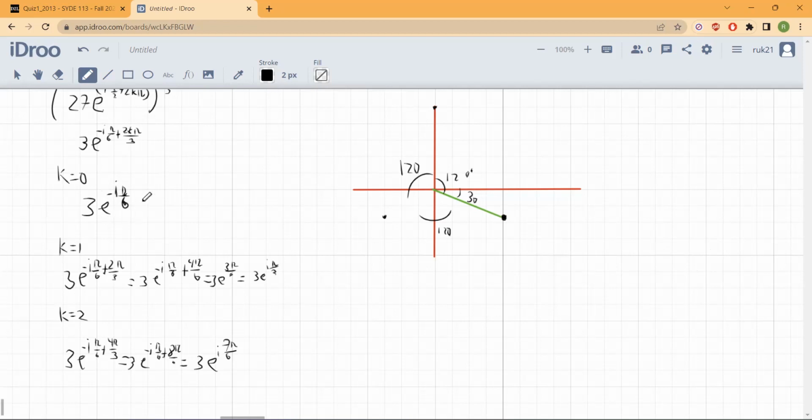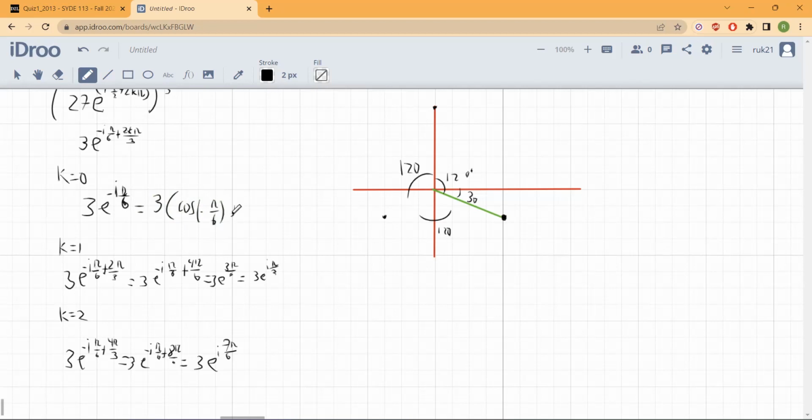Perfect. So now let's make this into rectangular form. The way you make it into rectangular form is you first transfer it over to polar form, which is 3, that's our modulus, times cosine of our theta, and our theta is negative pi over 6, plus i sine of negative pi over 6.